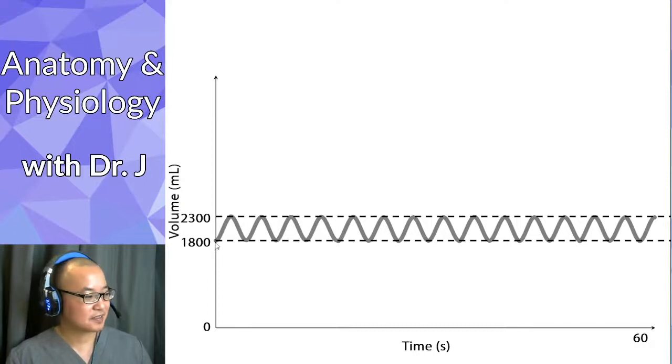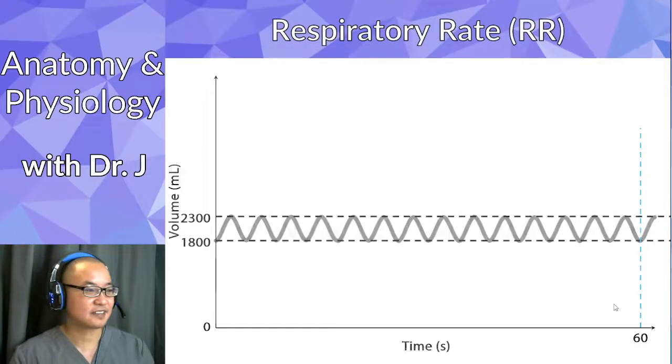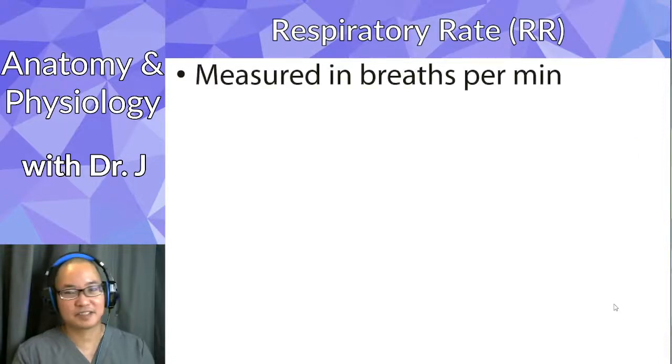Notice that we start with inhaling. So every time you inhale, then exhale, that is one breath, one cycle of breathing. And if you count how many there are, 14 of them over here. So 14 breathing cycles per minute. This is the way we measure respiratory rate: in breaths per minute.